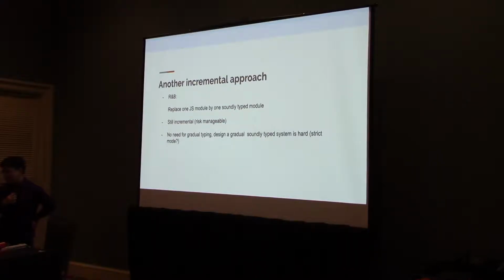ReasonML and BuckleScript is another way. It's another incremental approach, but slightly more aggressive than Flow and TypeScript, because Flow and TypeScript just add type notations, while Reason and BuckleScript try to replace JavaScript modules one by one. So instead of converting your whole code base into one language at once, you can replace one file by one file.